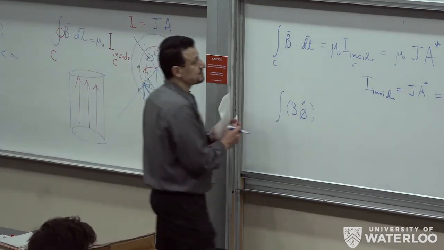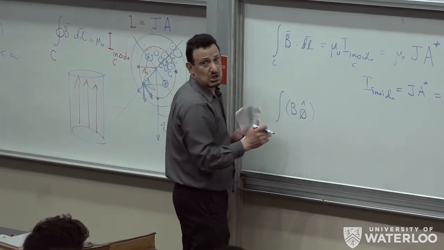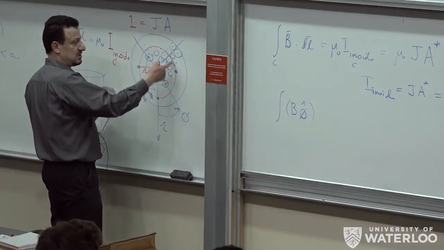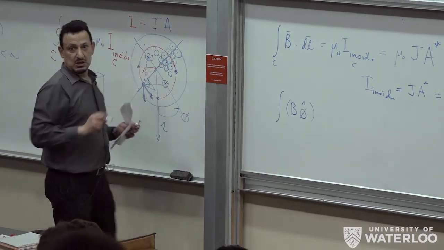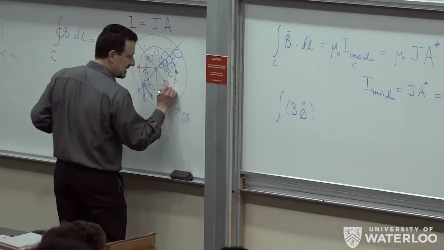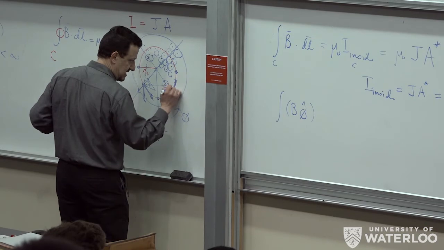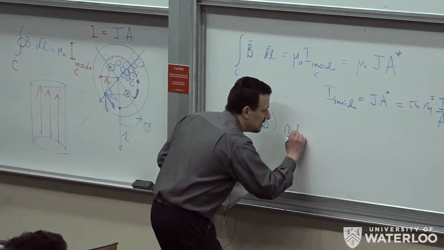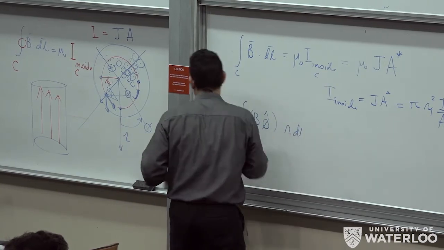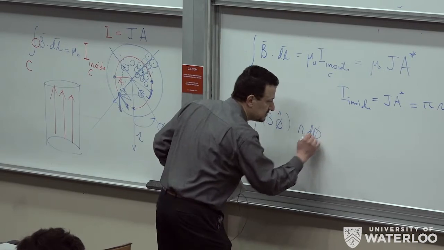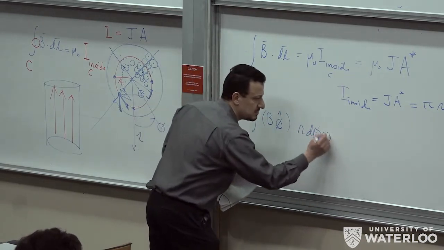And I'm integrating over this contour. So this contour, it means that I have an arc length here, R d phi. There's no dr, right?